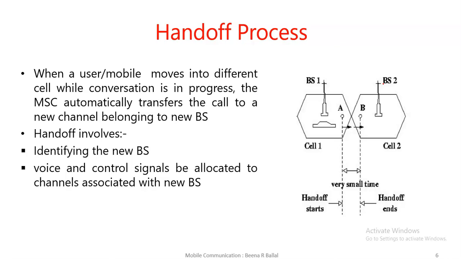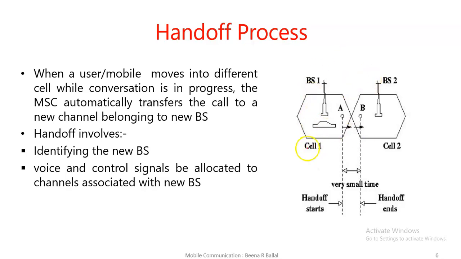The second important concept is the handoff process, which we have already seen in detail earlier in my session, but I'll quickly revise it because I need to talk about some further aspects of handoff. Handoff is a process in which, when a user moves from one base station to another and the call is in progress, the MSC, that is Mobile Switching Center, automatically transfers the call to the new base station.